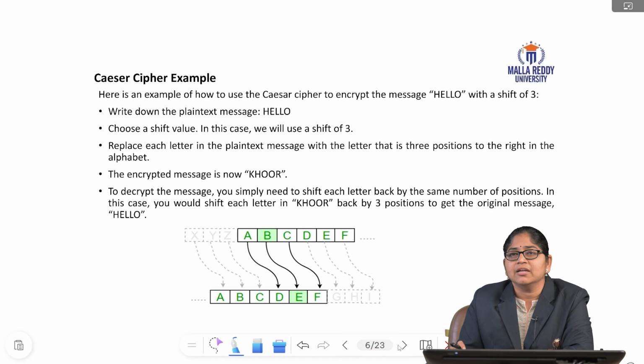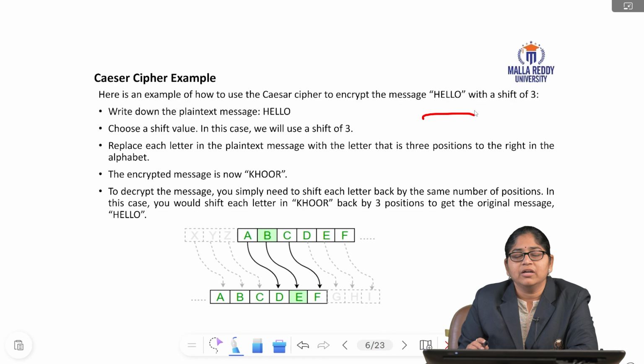Now we will understand Caesar cipher with the help of an example. We are taking the plaintext as HELLO. Here the key value is 3. That means we need to shift 3 positions after the alphabet. For example, if A is present in the plaintext, after A we consider 3 letters, so D is the ciphertext for A. If the letter B is present in plaintext, B is replaced by E. Like that, we shift 3 letters to the right in the alphabet.